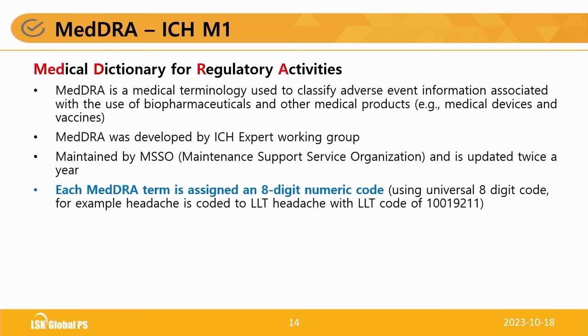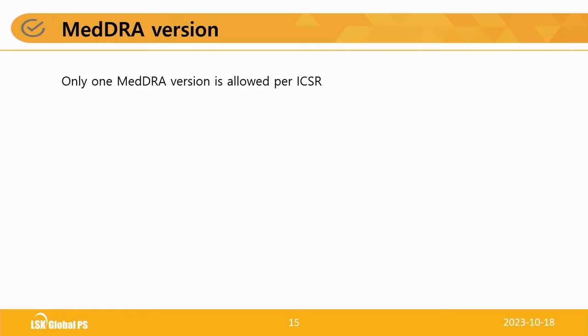So of course, if you just take a look at the XML file, it won't make sense to people. But MedDRA is translated across many languages around the world. And whatever the language is, if we look at the 8-digit numerical code, then it all points to the same thing. And only one MedDRA version is allowed per ICSR. That's the rule of thumb.